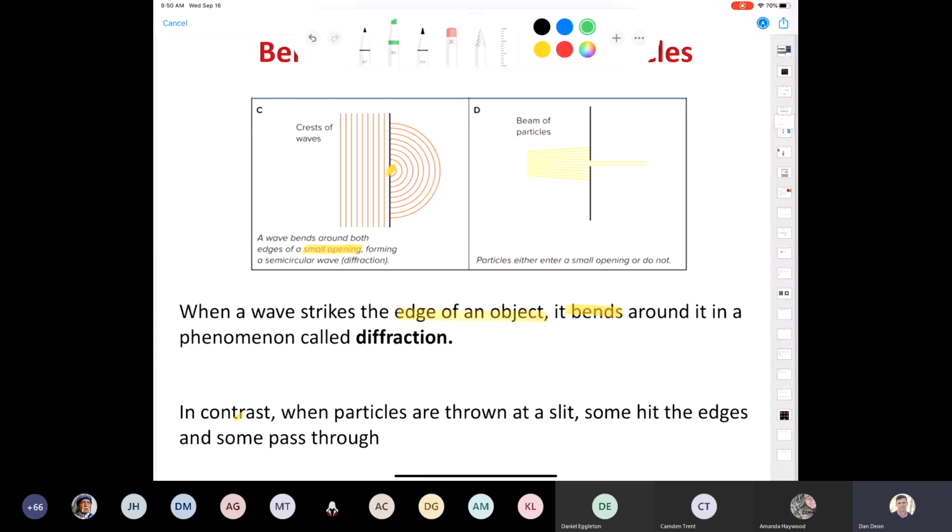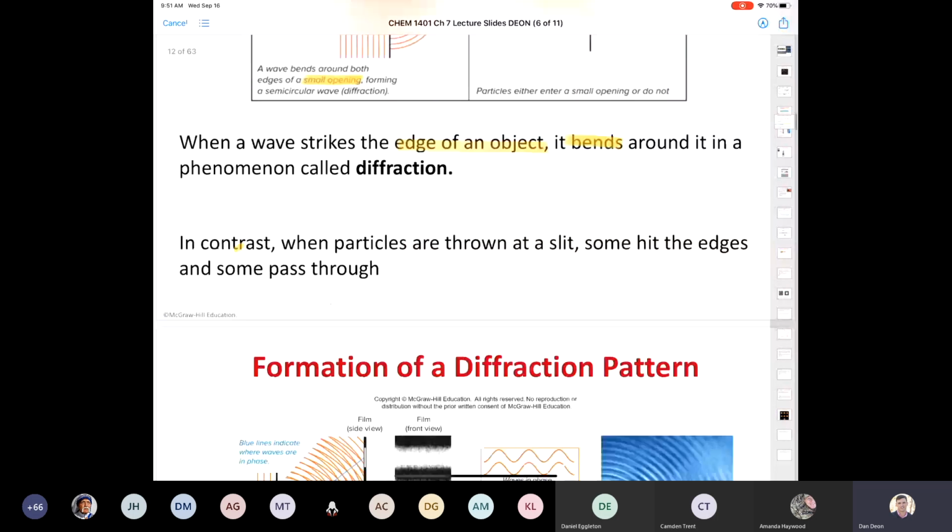I said, imagine you took your hand and you threw a handful of sand at a wall, right? Well, some of them are going to hit and bounce back, but the ones that make it through the slit are just going to pass straight through, okay? So again, the wave undergoes diffraction, refraction, dispersion, but the particle does not.